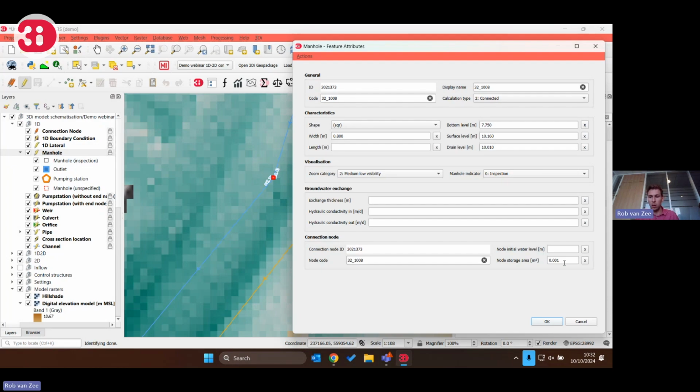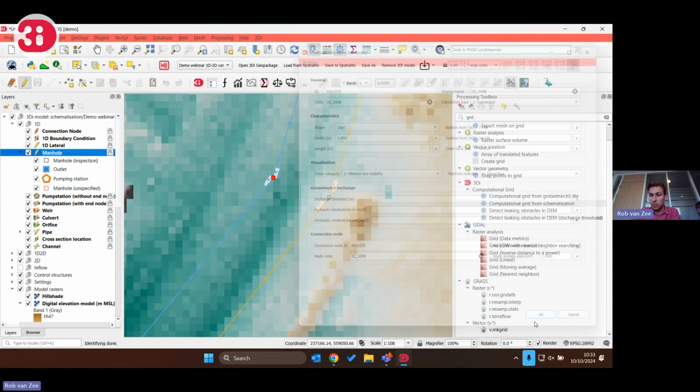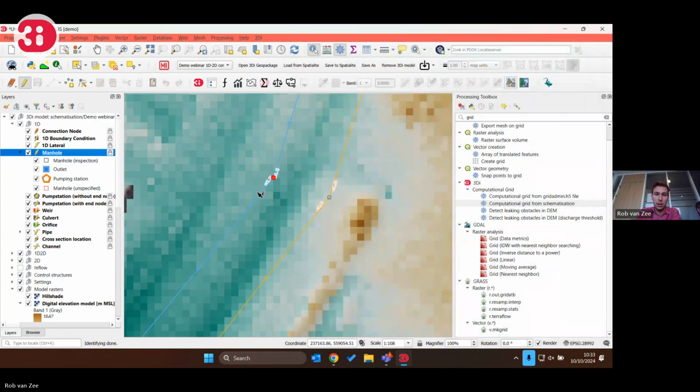So if you have a model with very small storage areas and the water doesn't go into your sewage, it is because of this value being very low. If it's very important that a lot of water can flow in, you just make it higher. Just take into account that it can also influence the storage in your entire system.